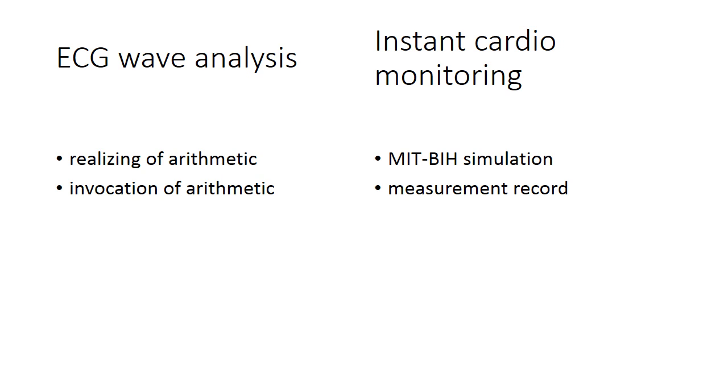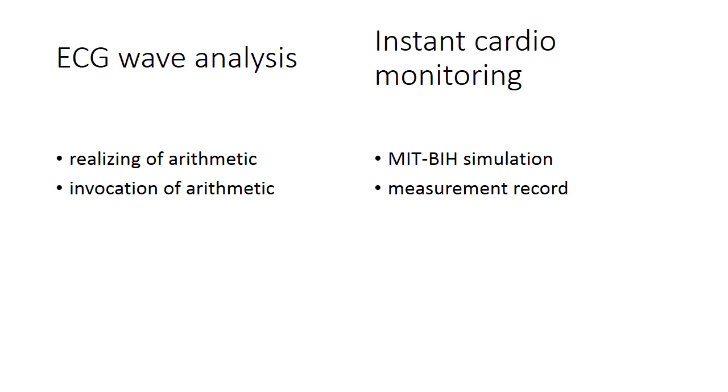This part is not that complicated to realize. It's mainly about two parts: realizing the arithmetic and the invocation of the arithmetic. In this way, the arithmetic design is the key part.